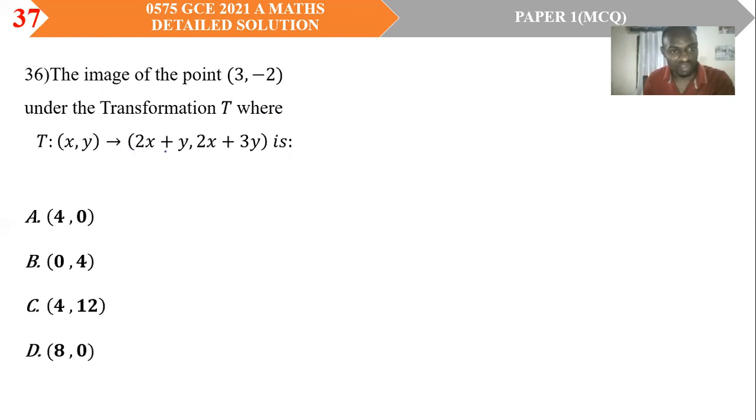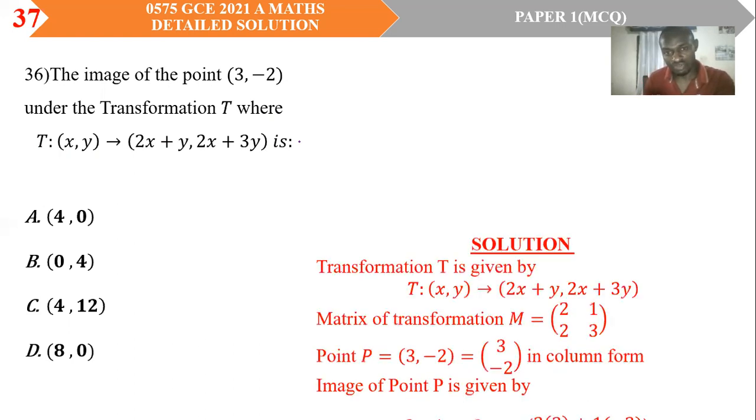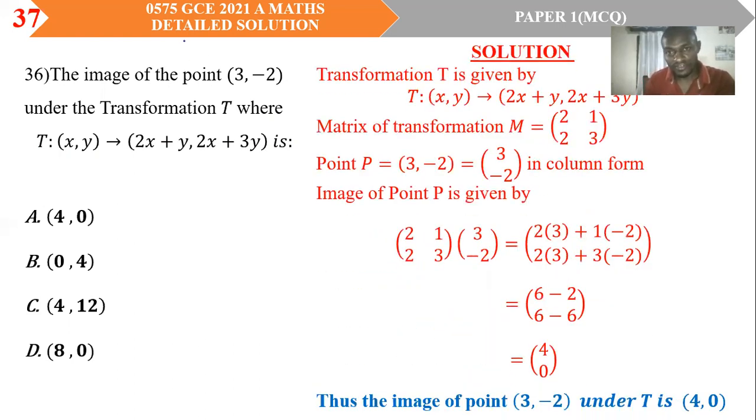Question 36. The image of the point 3, -2 under the transformation T, where T is such that x, y maps to 2x plus y, 2x plus 3y. Solution. The transformation T is given by x, y maps to 2x plus y, 2x plus 3y. Following the previous question, the matrix of transformation will be 2, 1, which is the coefficient of y, again 2, 3.